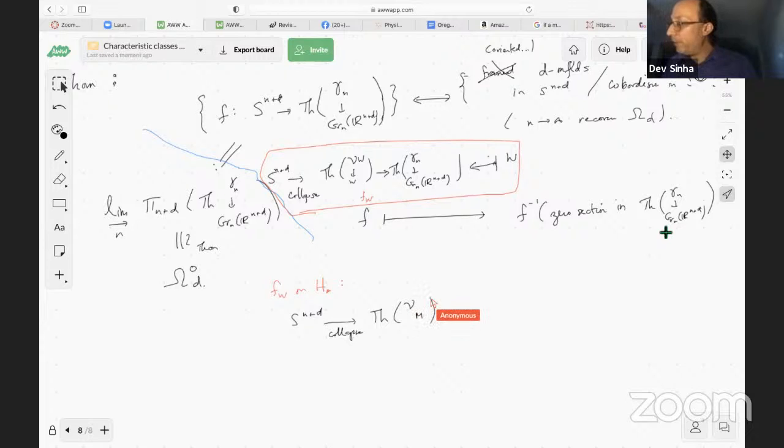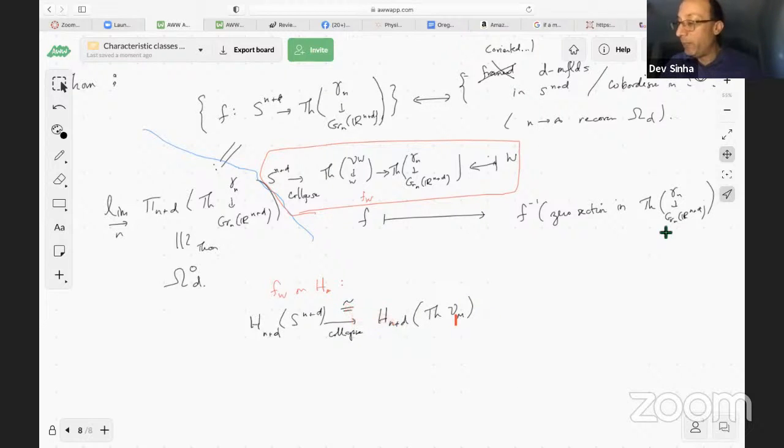If I'm thinking about homology, this ends up being an isomorphism in the only degree of interest, n+D. So let's keep track that there's only one degree of interest here, namely degree n+D. If I look at the (n+D) homology of the Thom space of the normal bundle of M, it ends up being that this is an isomorphism.